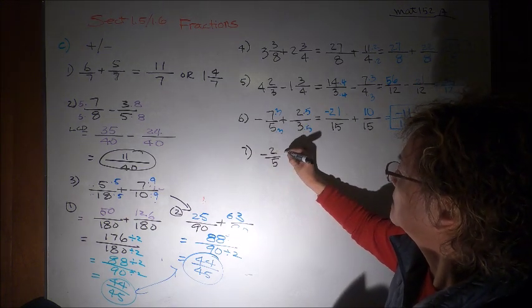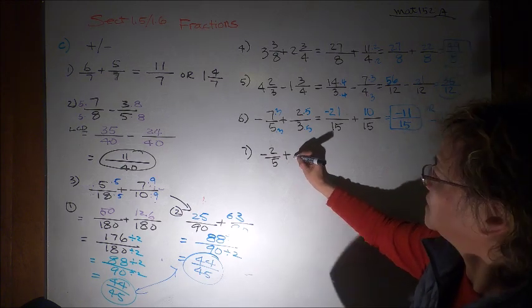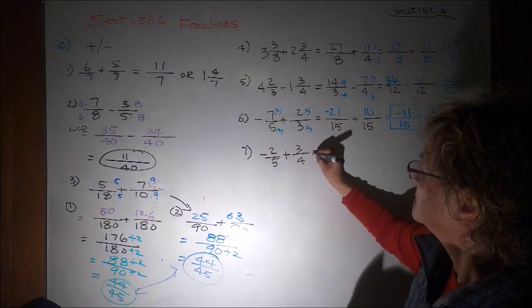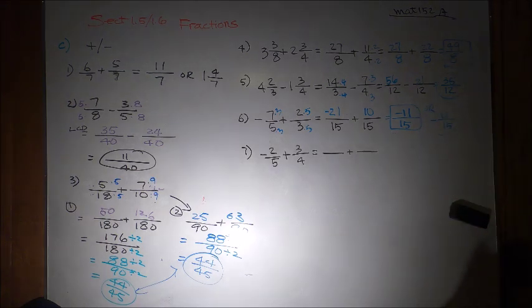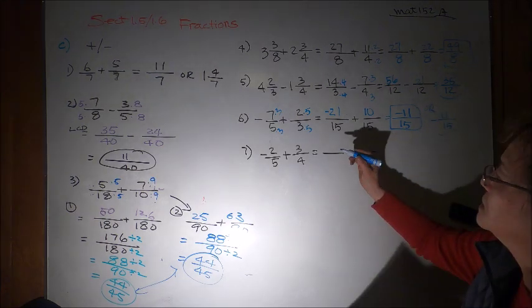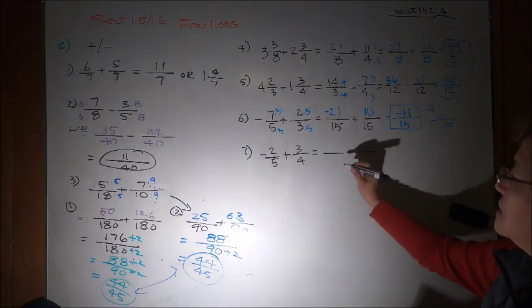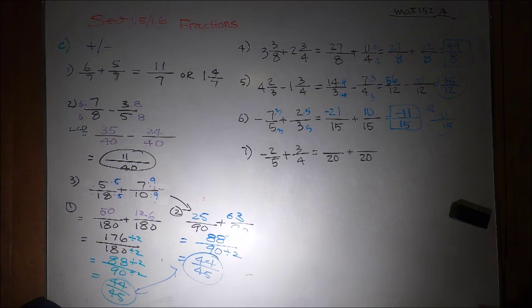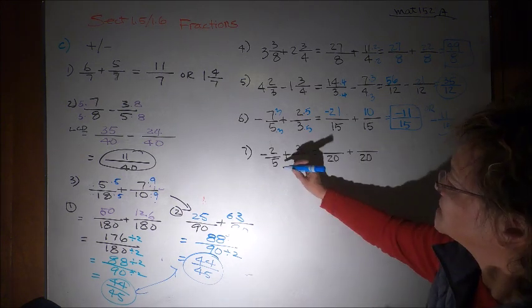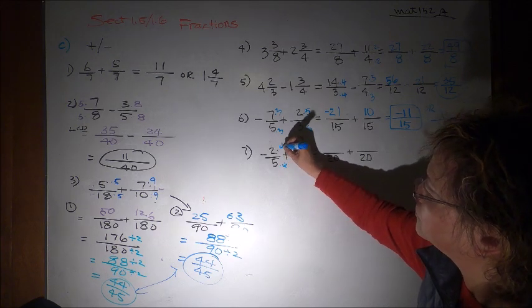Next one, negative 2/5 plus 3/4. So how should we start? They are all proper fractions. We just use the denominator, LCD, which is what? 20, right? 5 becomes 20, times 4.